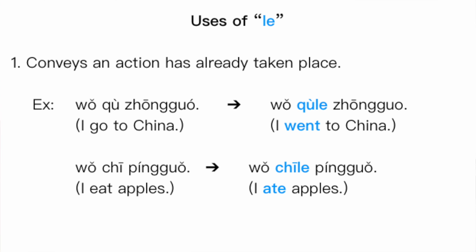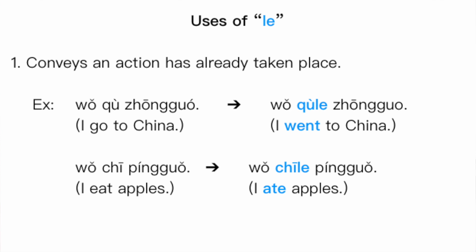All right, so it can take sentences like 我去中国, I go to China, and indicate that the action has already happened in the past. This has already been completed in the past. 我去了中国, right? This gets translated to what we would call in English grammar the past tense.